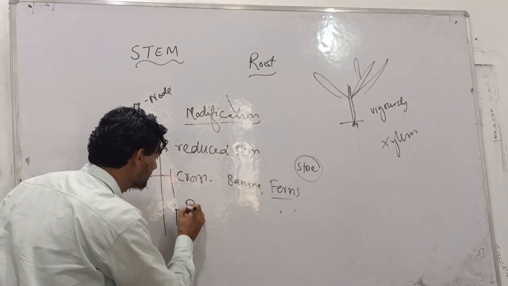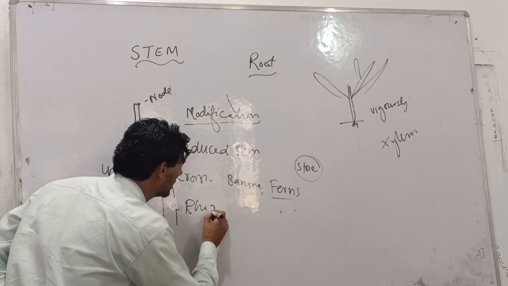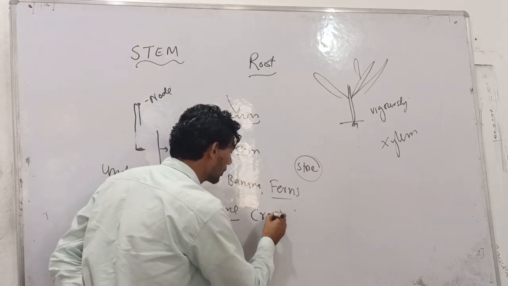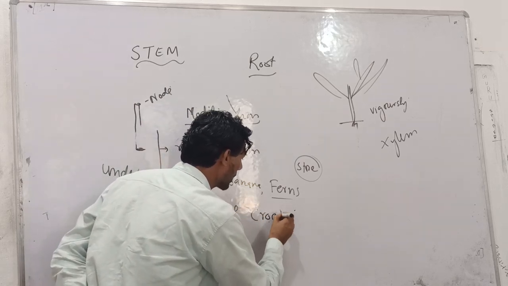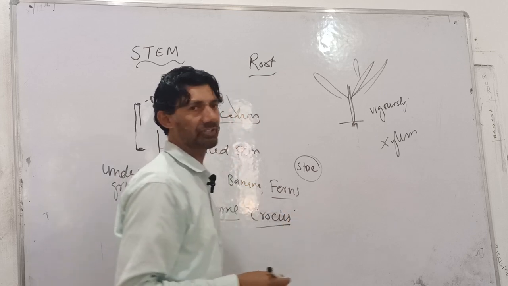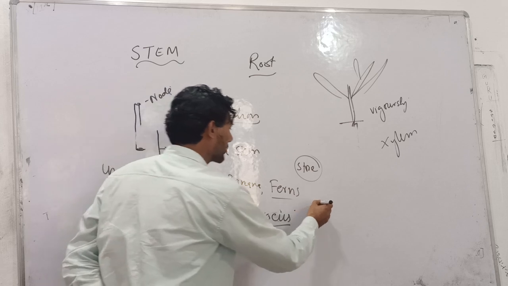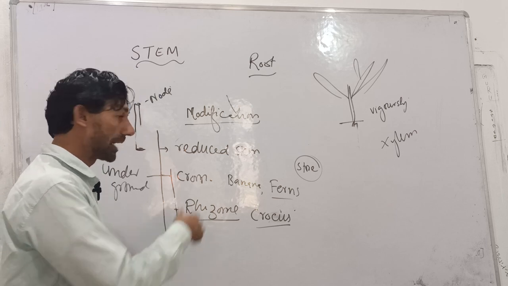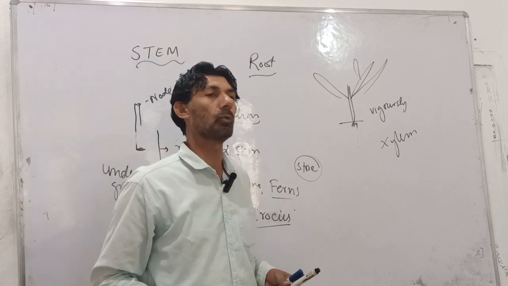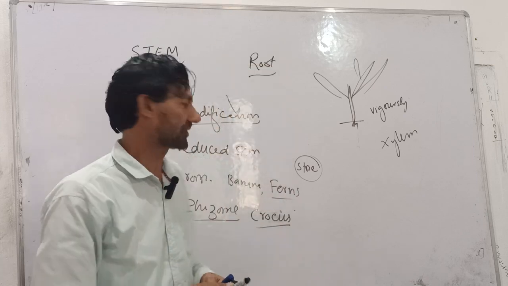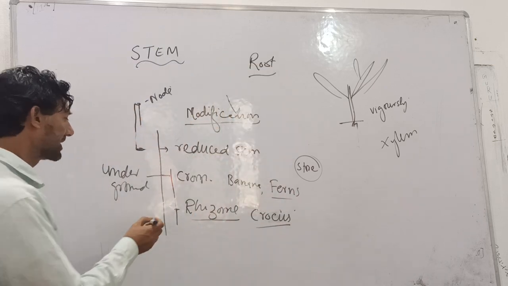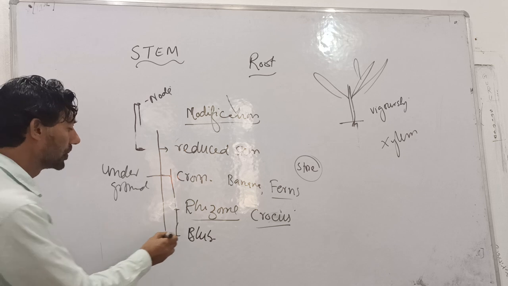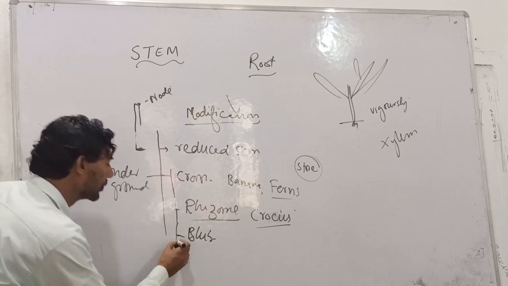Second is rhizome. The best example of rhizome is crocus, from which saffron is obtained in Kashmir. The rhizome is an underground stem which has adventitious roots, and leaves arise from it. For example, bulb is an underground stem, and tuber in case of potato.